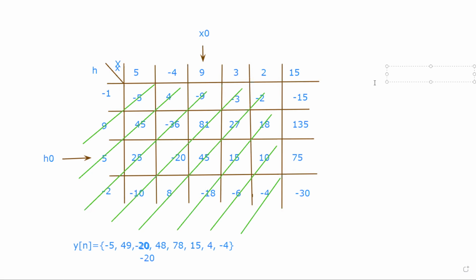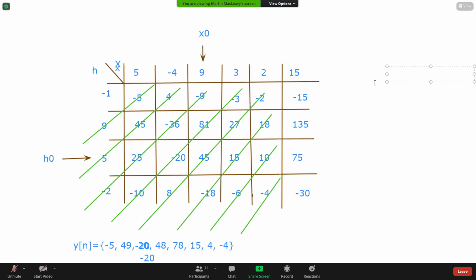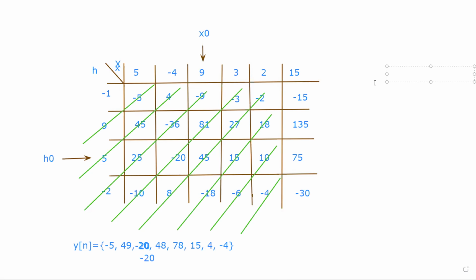My laptop is up now, so I will put in x equal x again. 5 minus 4, 9, 3, 2, 15. And then h is minus 1, 9, 5 minus 2.